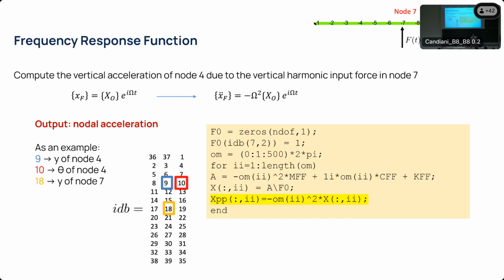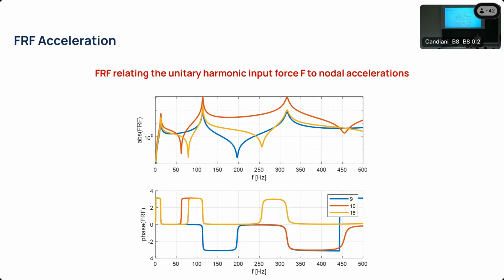So again, the script is very easy. We just run a for cycle along the length of our frequency vector. We compute the various terms, then we assemble them into vectors or into matrices, and then, depending on the coordinate you plot, you just extract from those vectors, from those matrices, the quantities you are interested in, and then you plot them against frequency.